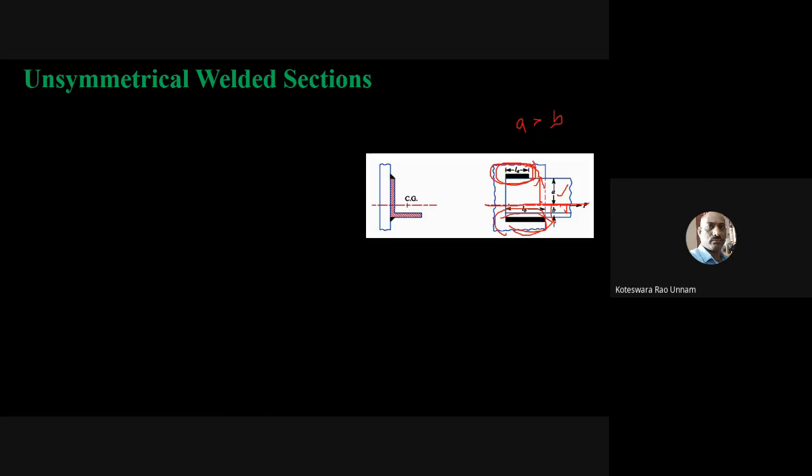In order to equate both the moments, since the load on this side is less, I am increasing the lever arm value so that it is equal to the moment created by the load acting here multiplied by LB. So there won't be any bending moment. This creates a clockwise moment and this creates an anti-clockwise moment. Both will cancel out each other.